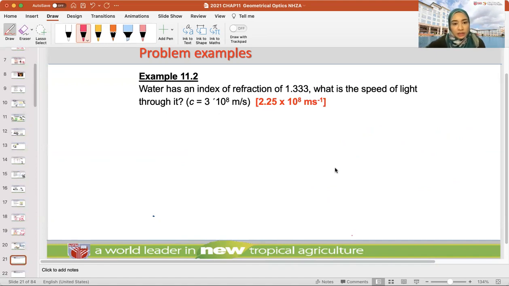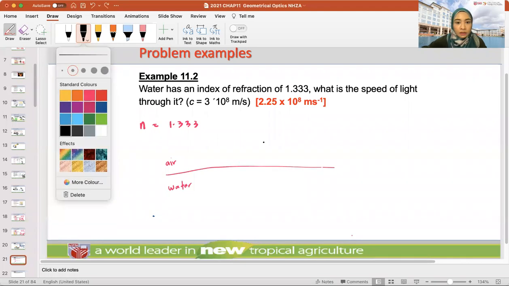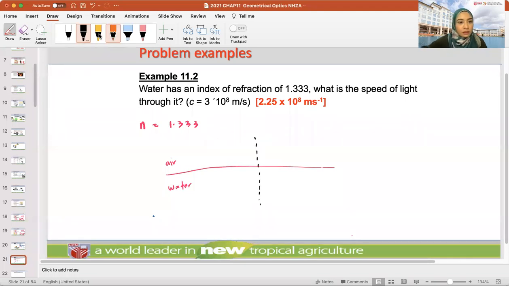Okay, so water has an index of refraction of 1.333. What is the speed of light through it? We are going to assume here there is a boundary, and the boundary is between air and water. It did not specifically mention this, but it's asking what will happen if it goes through water, so it has to come from somewhere. First draw your normal. In this question it doesn't ask for it, but it's okay, we just write it.